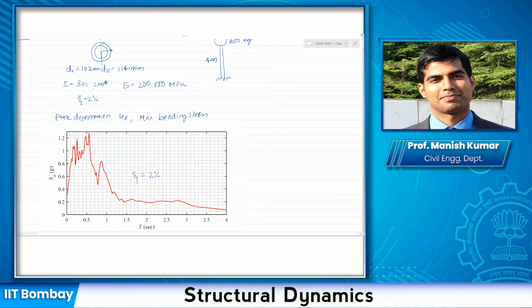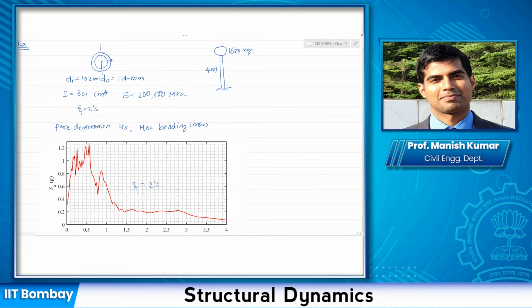See, this is a cantilever type column, right? So how do we get the lateral stiffness K for this? We can get it as 3EI by L cube. So this would be 3 times 200,000 MPa. 1 MPa is 10 to the power 6 Newton per meter square, so I will write 10 to the power 6. And I is also given to me as how much is that? 304 centimeter to the power 4, so I'm going to convert that to meter to the power 4. You can write 10 to the power minus 8 to convert it.